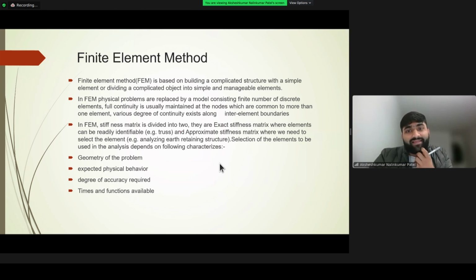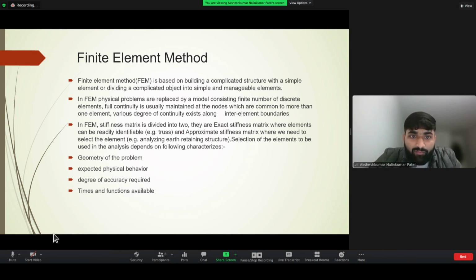In the finite element method, we mostly divide the complex object into simple and manageable elements. It is replaced by a model consisting of a finite number of discrete elements, which are fully continuous there, and finding the nodes is very important.